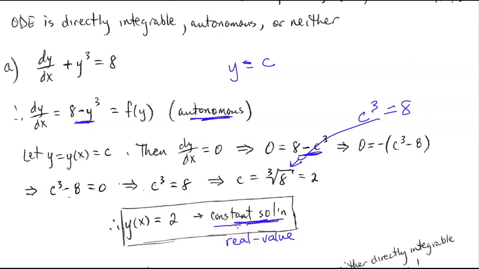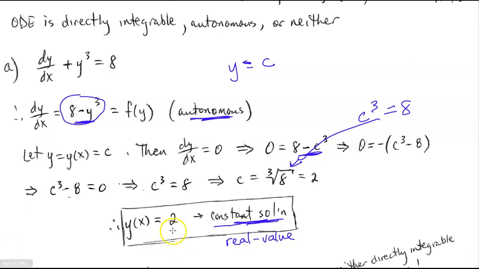Okay. Now, part of the reason why I say it is a constant real valued solution is because we know that this particular expression here could actually be factored to where we would have two complex conjugate solutions for it as well. But we're not considering complex numbers in this case. We're just considering real numbers.